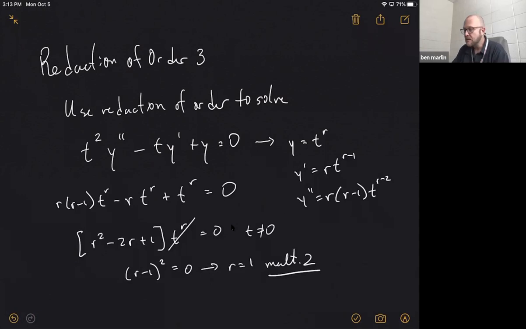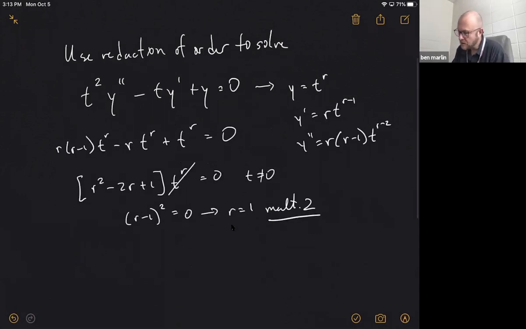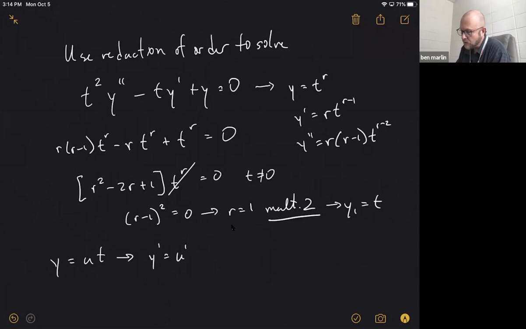So we have a solution that's telling us our y1 is t to the 1. I'll just write that as t though. And now we're saying for our reduction of order that we're going to let our y be equal to ut. And so our y prime would be u prime t plus u.